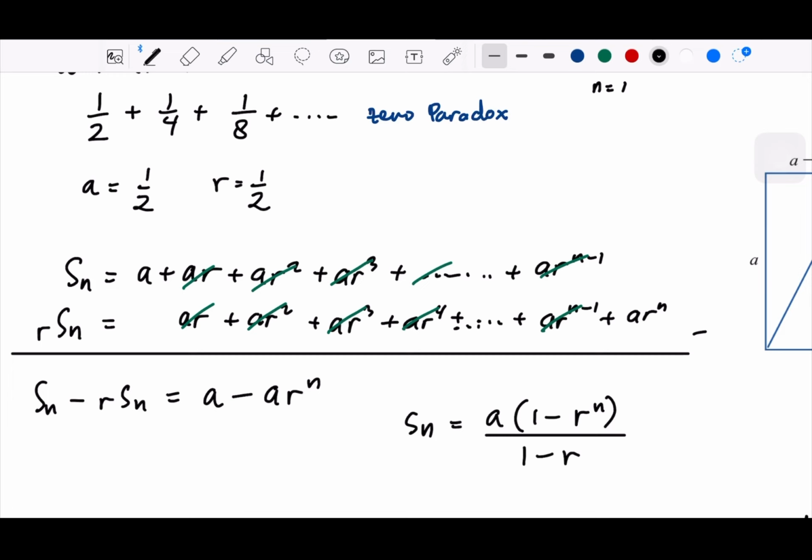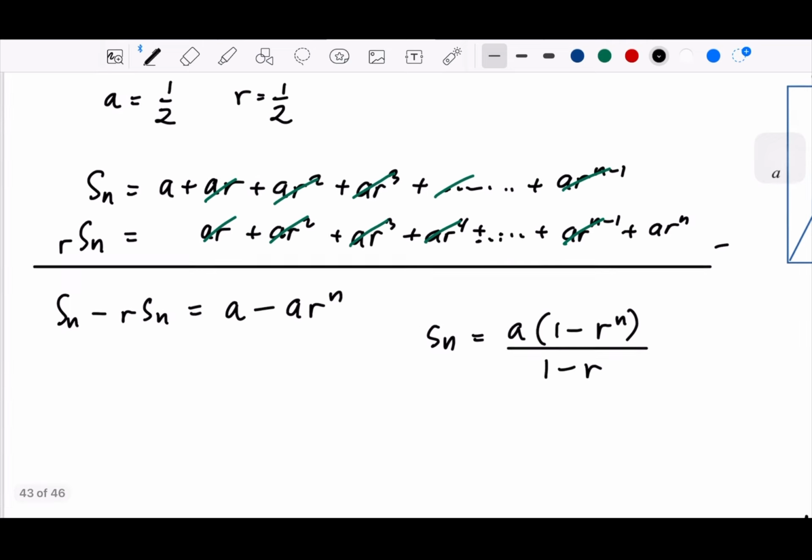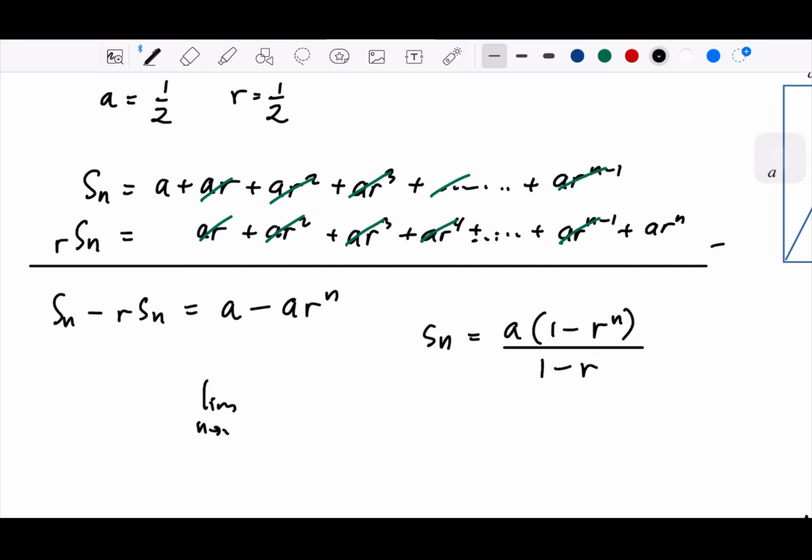So this is the geometric series, and this is how we usually get the formula for Sn, the partial sums. If you see, we have R to the power of n. If you remember, with this R to the n, we have some rules, okay? And we could use this if we take the limit of Sn as n approaches infinity.